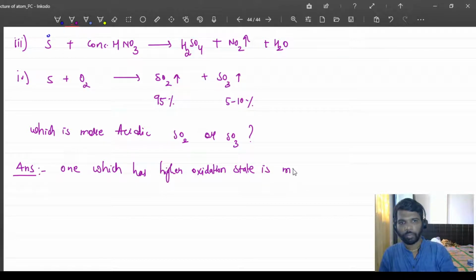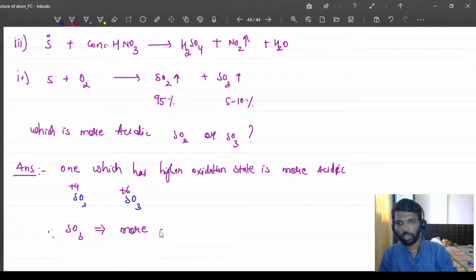If you compare sulfur dioxide and sulfur trioxide, the oxidation state of sulfur over here is +4 and here it is +6. So therefore sulfur trioxide is more acidic. The acidic strength of sulfur trioxide will be more.